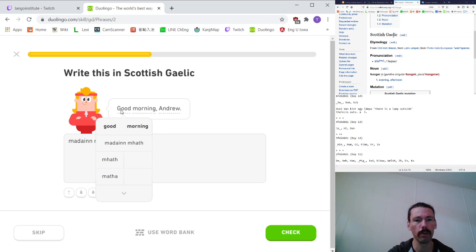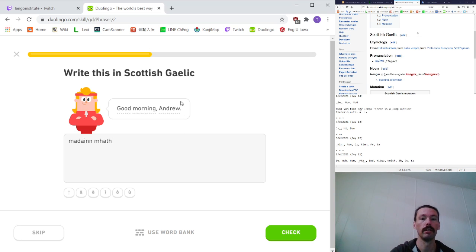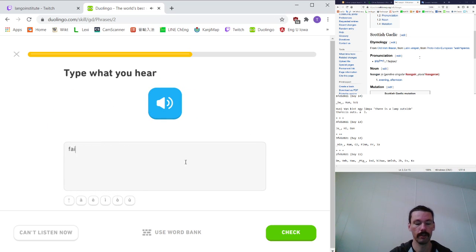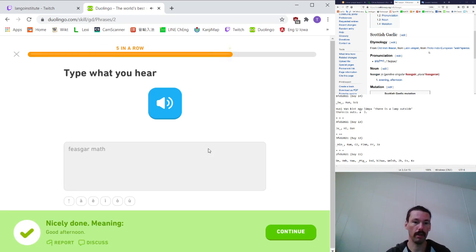And does it have a length mark? Feasgar math. Oh, what's the spelling? Feasgar. And this one does not have that weakening. Math is good in Gaelic.